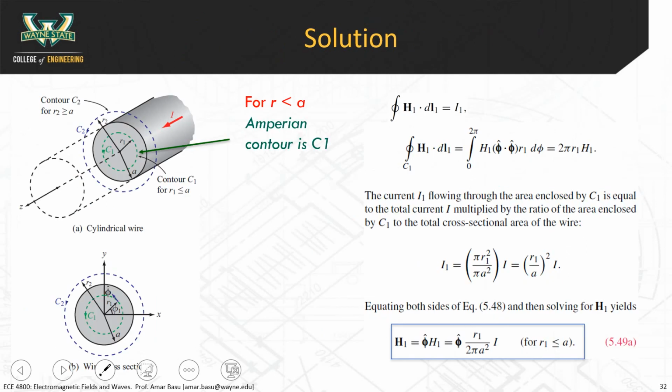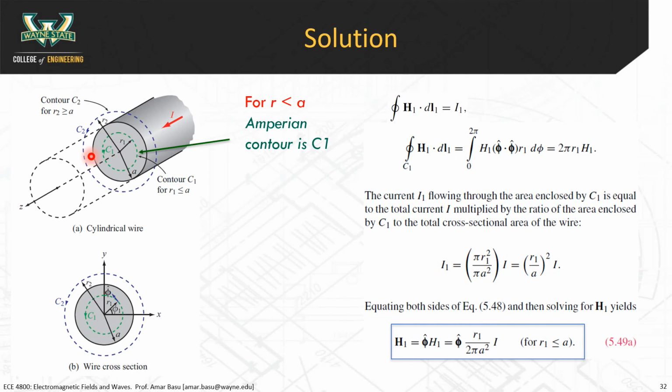All right. To apply Ampere's law for R less than A, we first have to draw an Amperian contour. For the sake of symmetry, it's a circle on the inside of the wire. The wire is circular, and this contour is just a circle in the middle, inside of the wire. Why do we choose that? It meets the criteria.